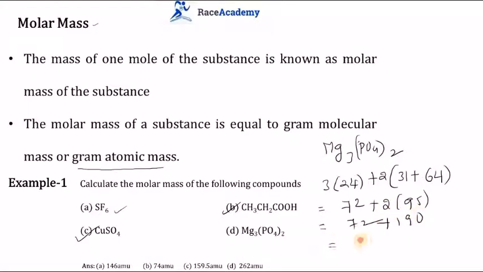So 72 plus 190 is 262, the answer for magnesium phosphate in this fourth formula.